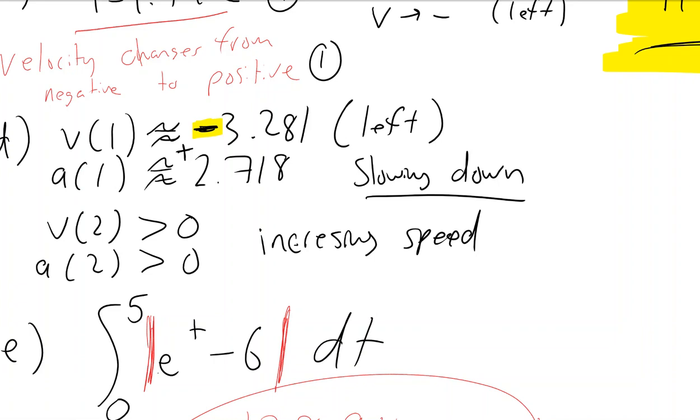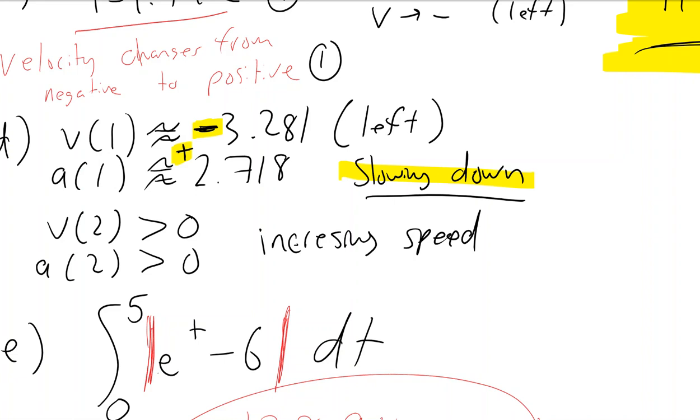Only if the negative number is greater than the positive number. I'm saying that weird, but do you know what I mean? If velocity and acceleration have different signs, it's slowing down. Because this guy's going left because it's negative, but because acceleration's positive, it means his rate of change is increasing to the right.